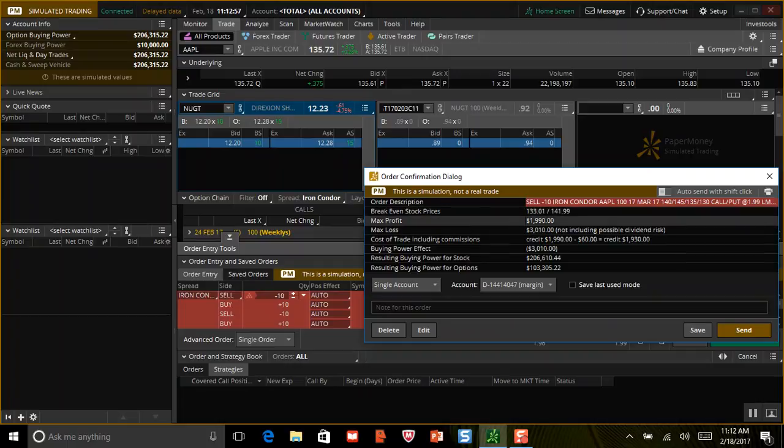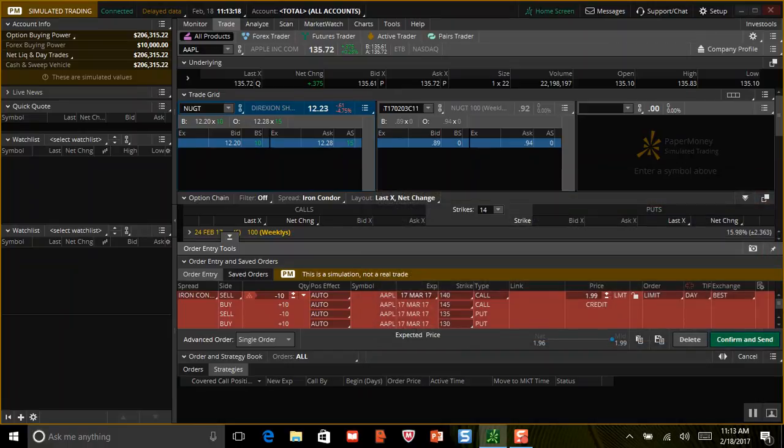And it looks like I'm getting a credit of $1,930. So that's pretty cool, right? And it looks like I can put all that into one single order, so I'd only have to pay 1 commission. So anyways, this is me fooling around trying to learn the software. So let's close this out. I'm not doing any orders as of now.